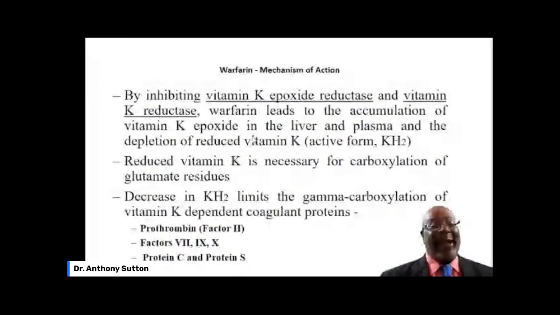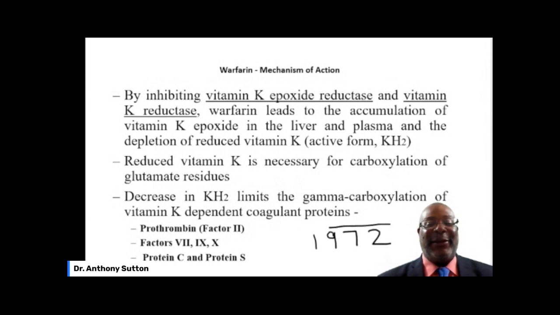So what else? Vitamin K has what we call vitamin K dependent factors. The way we remember those vitamin K dependent factors is something called 1972. Imagine a little zero behind the 1. That is factor 10, factor 9, factor 7, and factor 2.